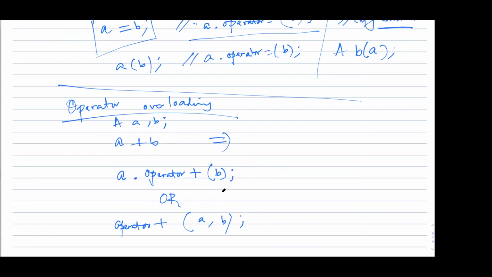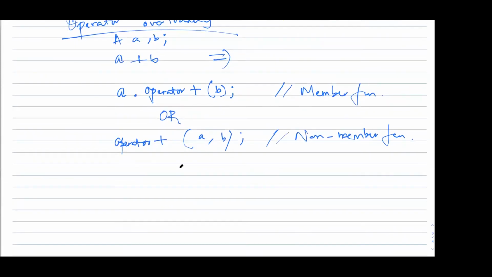So in other words, this operator can be either a member function or it can be a non-member function. Non-member means it's outside the class.